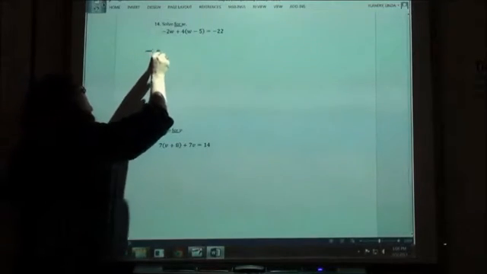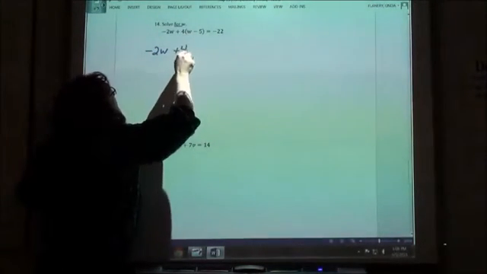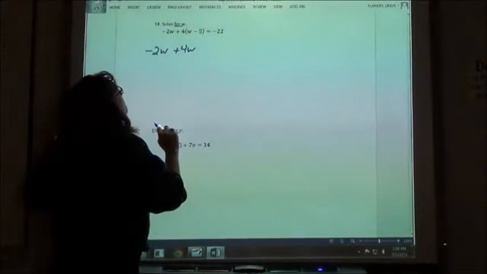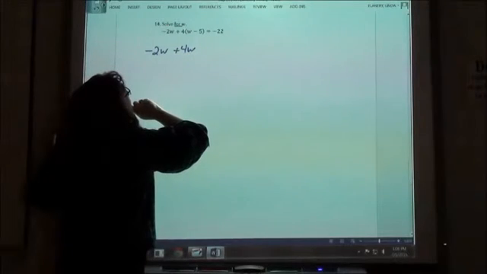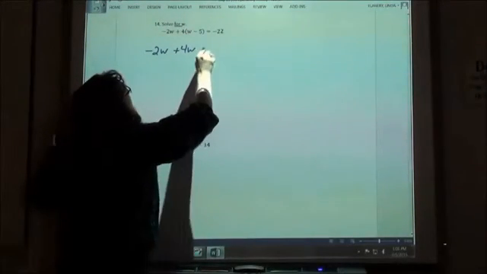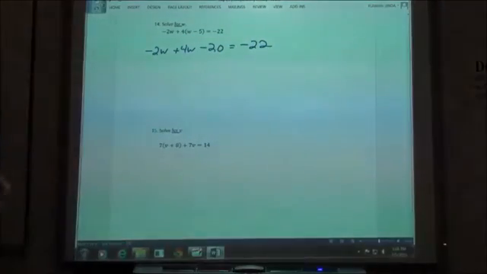Negative 2w plus 4w and 20? Positive or negative? Negative. Minus 20 then. Equals negative 22.